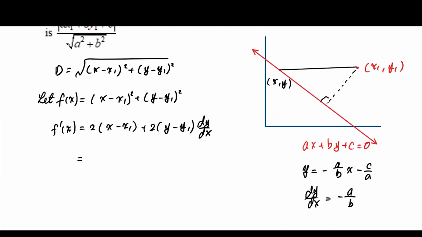So what we end up getting is 2 times x minus x1. See, everything turns out to be a system of equations. It's a system of equations when we set this to 0 between this thingy and this thingy.